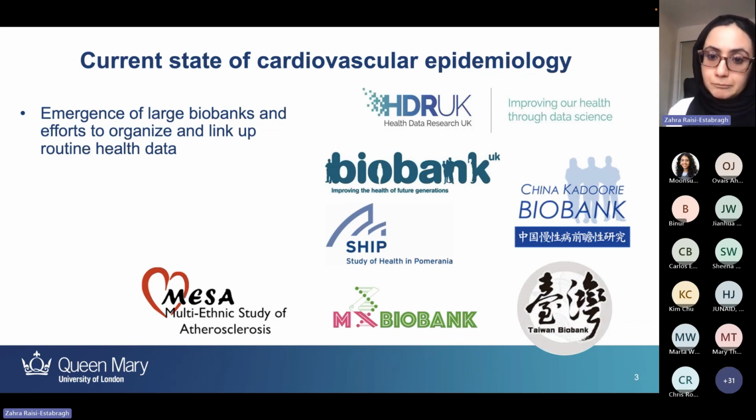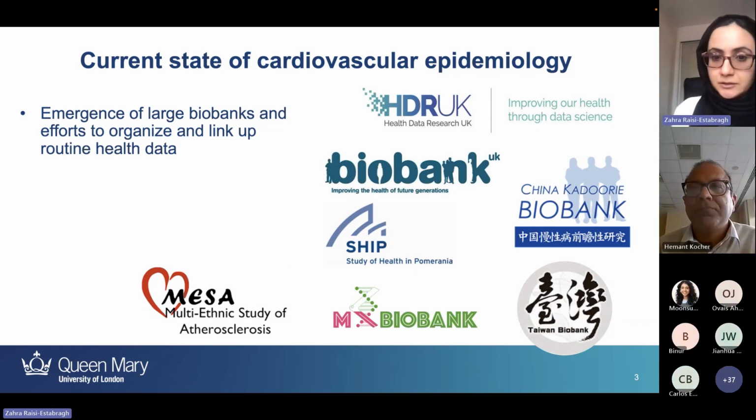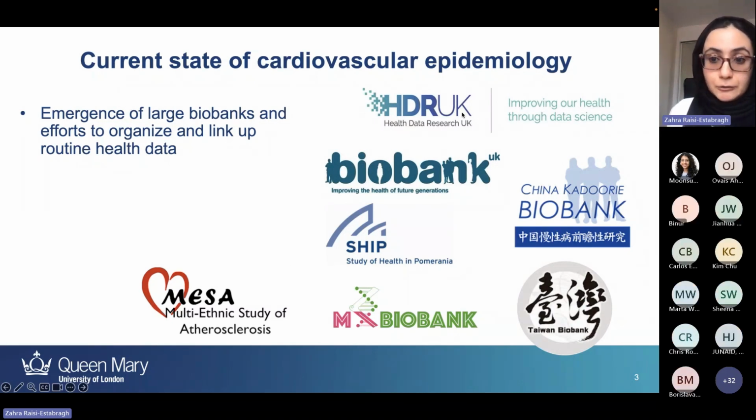There are also dedicated research cohorts such as the UK Biobank in the UK and elsewhere in the world, such as the Kadoorie Biobank in China, the Taiwan Biobank in Taiwan, and the MESA cohort in the USA that present a detailed study of individual cohorts.